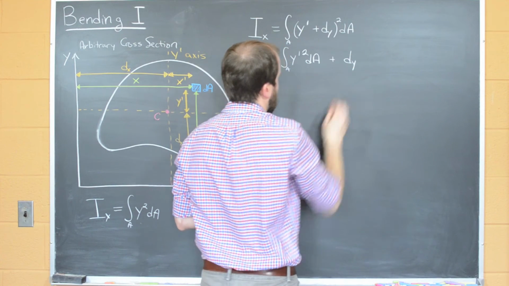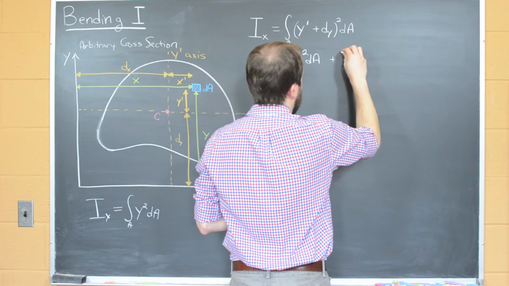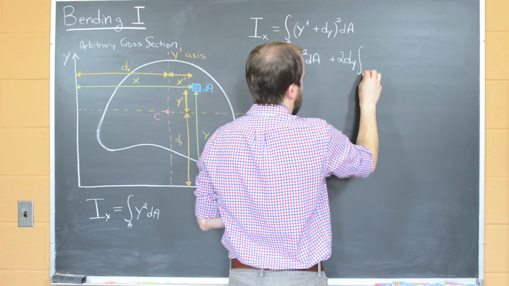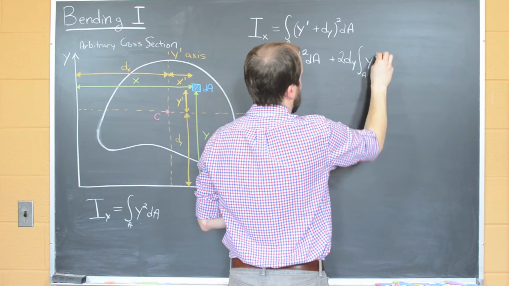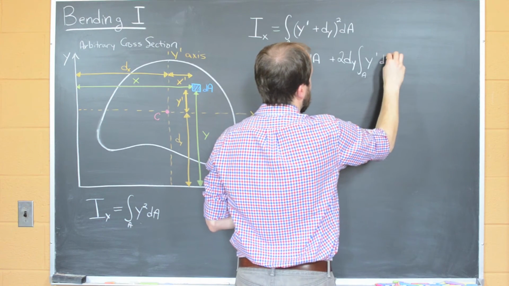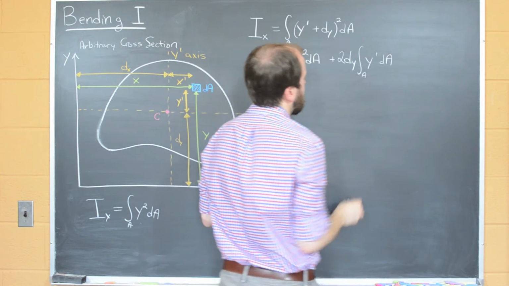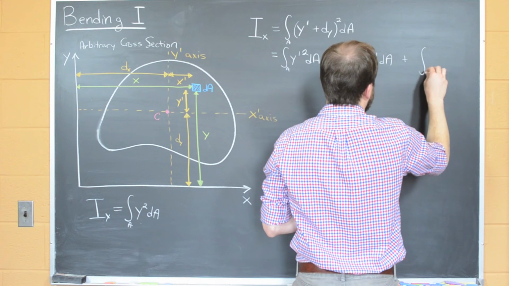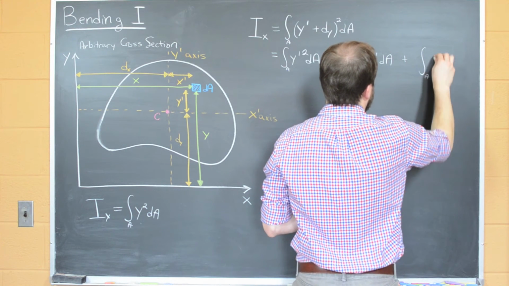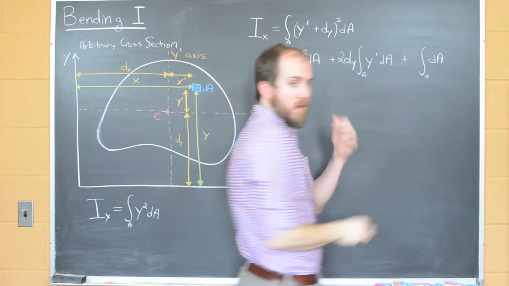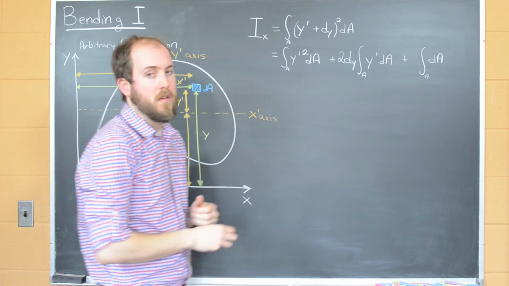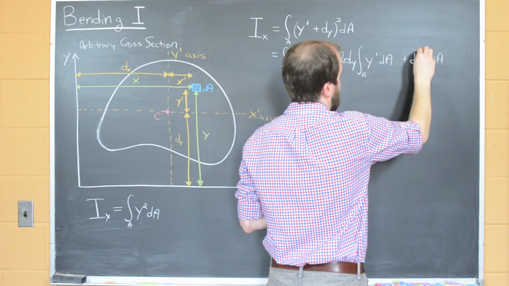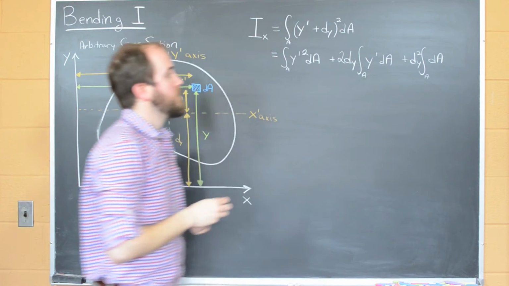We'll pull this outside the integral, and there'll be two of these, times the integral of y prime dA, plus simply the integral of the area dA with a d sub y squared out front of it.